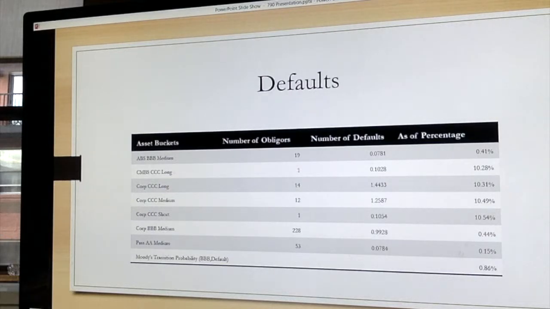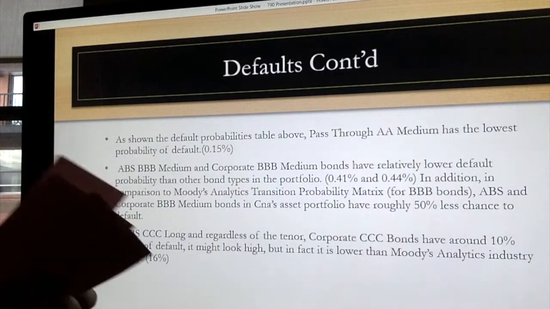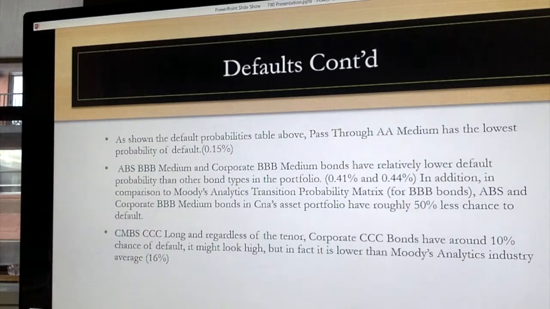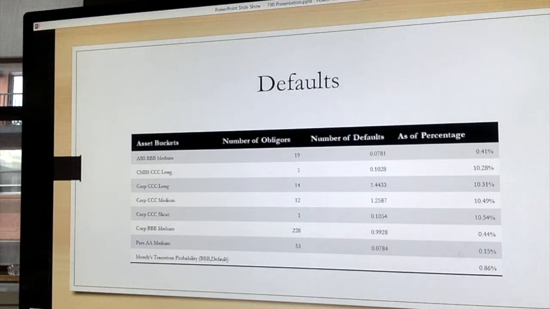And these numbers, around 10%, are lower than the Moody's average number, which I calculated as 16%. When I checked online, I had different numbers. S&P saw around 22%, and it changes every decade.